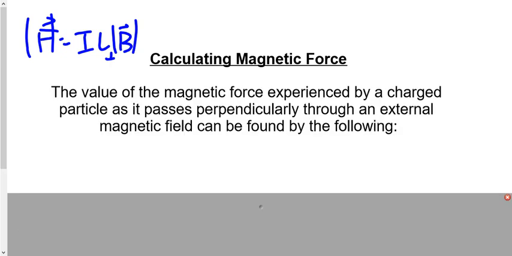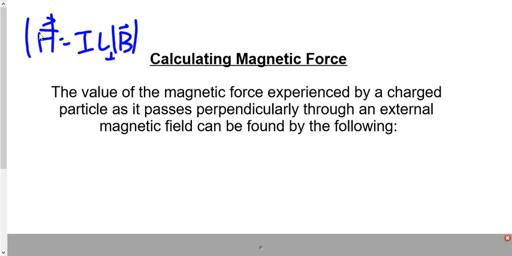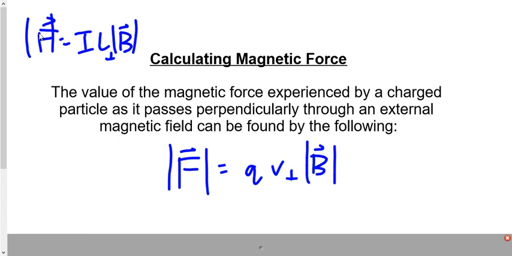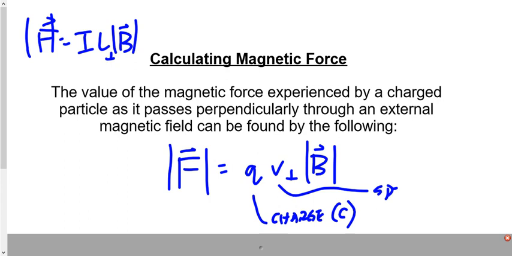If we want to find the magnitude of the force on an individual electron in a magnetic field, assuming that electron is moving perpendicular to the field, they would say that force is equal to Q times V times B. What does Q stand for? The charge. What does V stand for? It's a little v. Speed. Yeah, not the velocity, but rather the speed. And B stands for the external magnetic field strength.